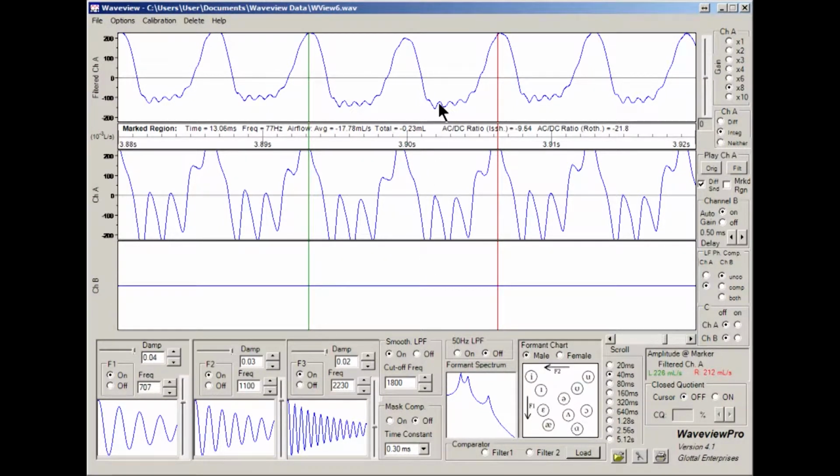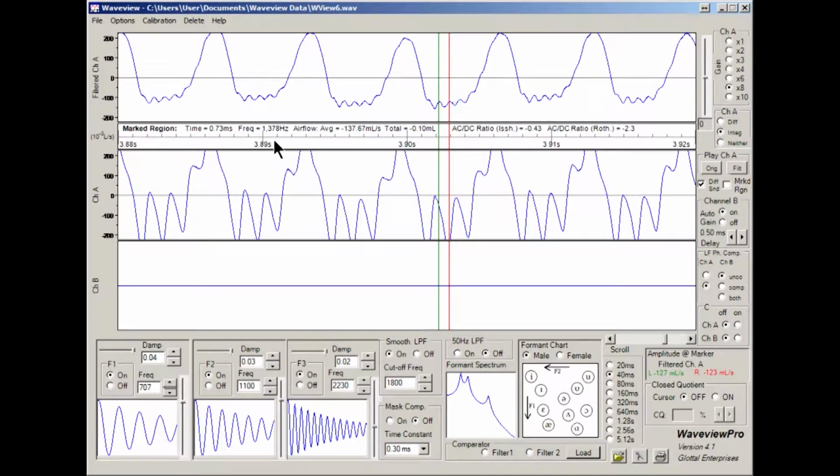Now, you want to get the same part of the cycle on both oscillations, and we find a period of 70.73 milliseconds, which is equivalent to a frequency of 1378 hertz, or about 1400 hertz.